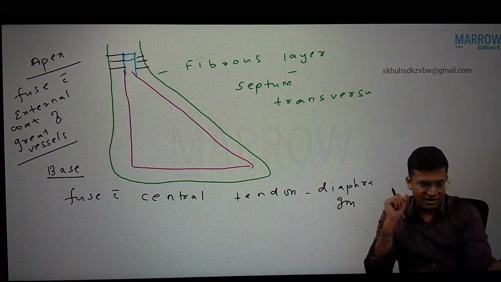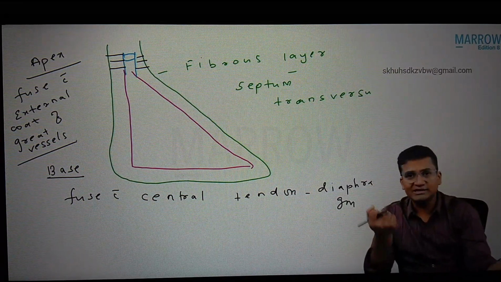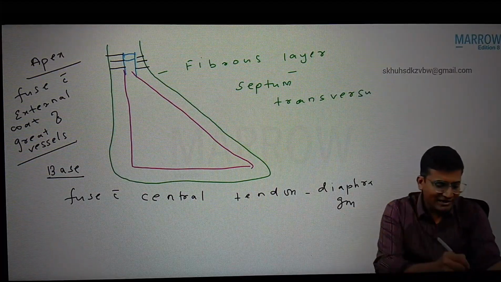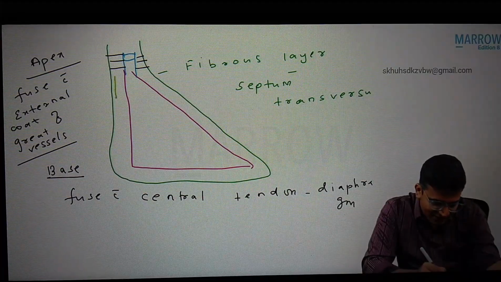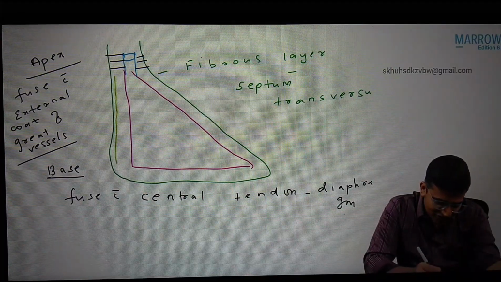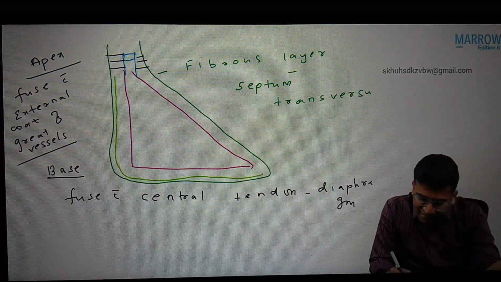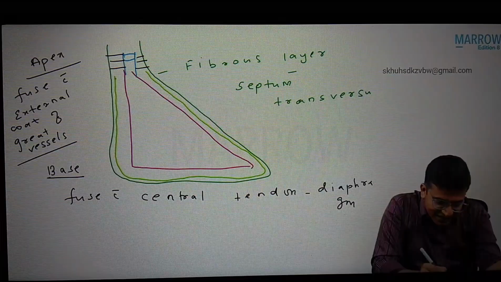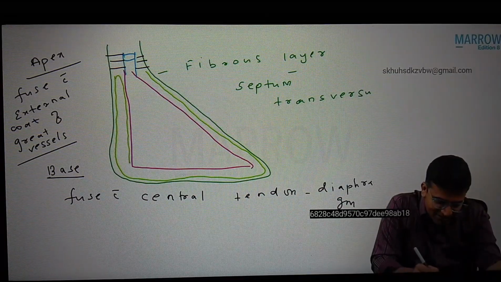Next, our serous layer. I told you the serous layer has two layers, the parietal layer and the visceral layer. The parietal layer is very close to the fibrous pericardium. Along the root of the great vessels, it reflects and forms the visceral layer.